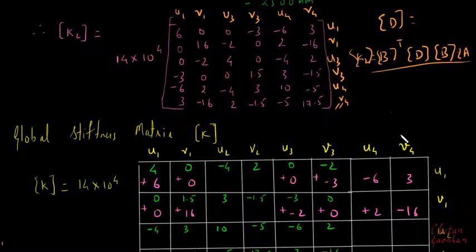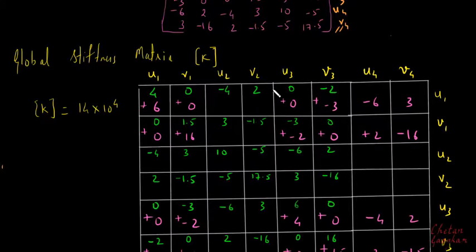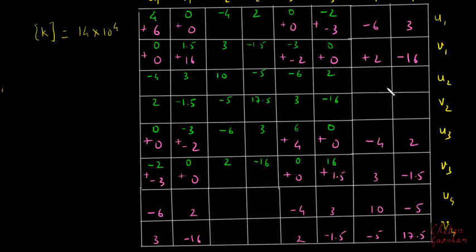So this fourth node is only in the stiffness matrix of element 2, and therefore there will be only this term minus 6, and then v4 u1 will be the value 3. So if you just go on filling this matrix, finally I should get this stiffness matrix, and then finally we'll have to of course add them.